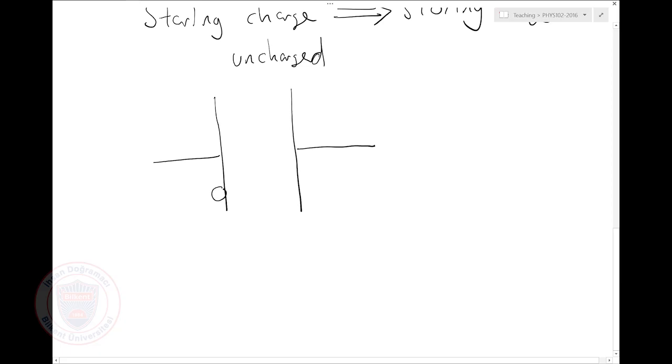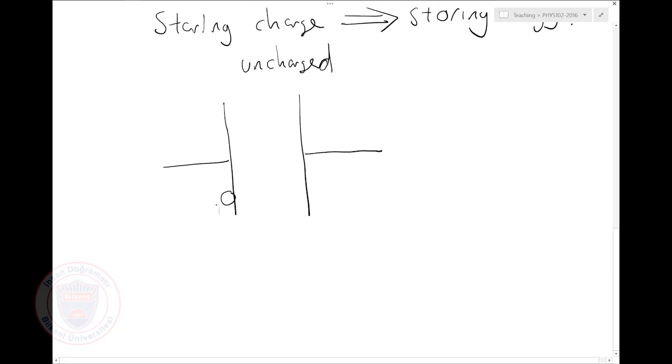If I take dq charge from one of the conductors and move it to the other conductor, what will happen? I will add plus dq charge here and minus dq charge to the left one.